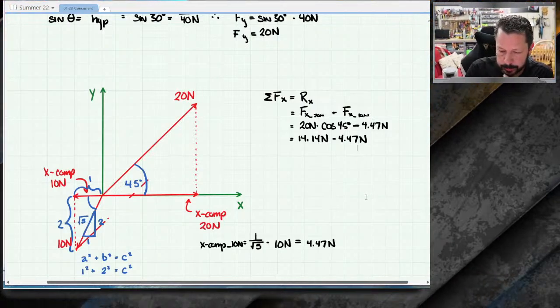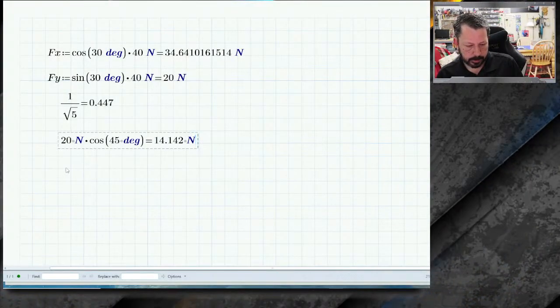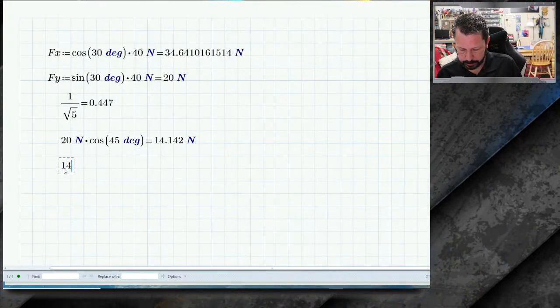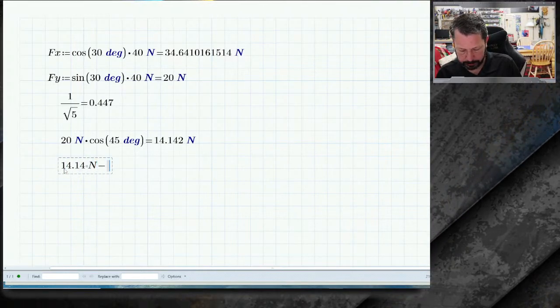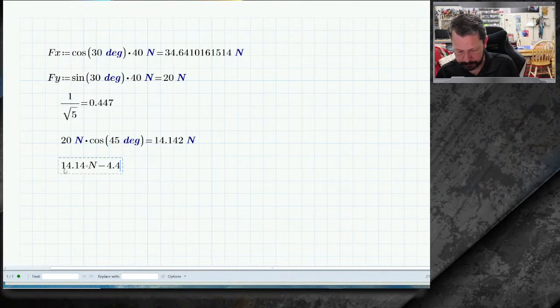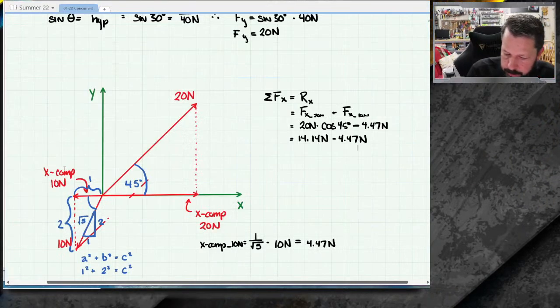So when I do this calculation, 14.14 newtons minus the 4.47 newtons, 9.67 newtons.